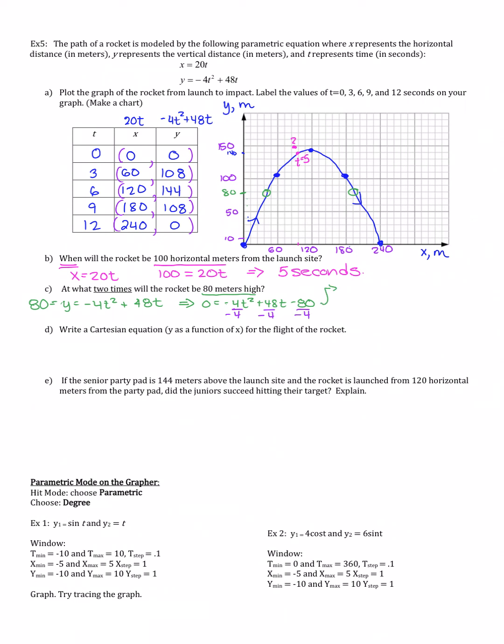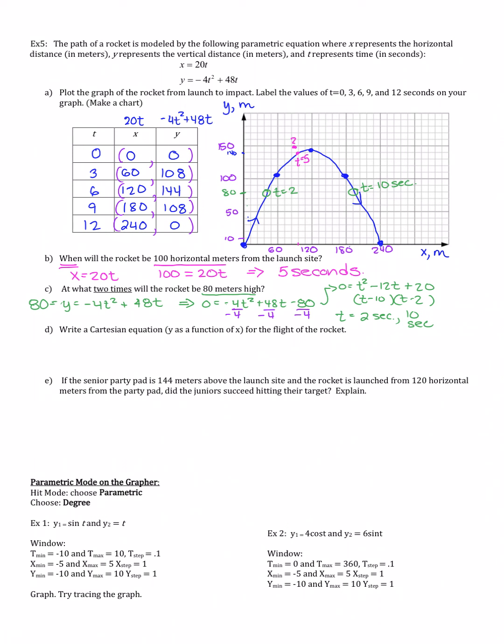And that is going to give me 0 equals t squared minus 12t plus 20. That is factorable into (t minus 10)(t minus 2). So my 2 times are going to be at 2 seconds and at 10 seconds. So here's at 2 seconds, and then this would be at 10 seconds.